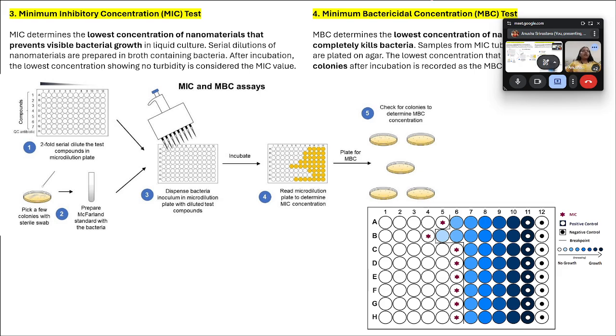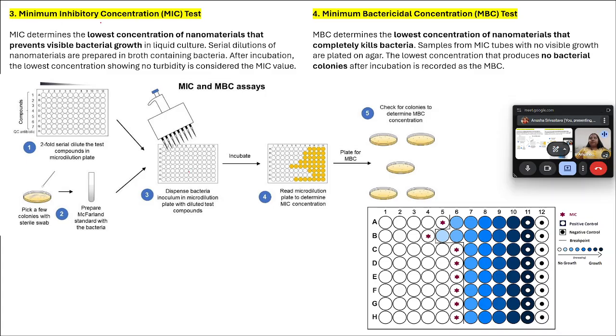Now moving forward, we have the next method, calculating minimal inhibitory concentration, which we call the MIC test, and the other one, the MBC test, that is minimum bactericidal concentration. When we were talking initially, in the introductory slide, I said there's a difference between an antibacterial agent being able to inhibit the growth and killing the bacteria.